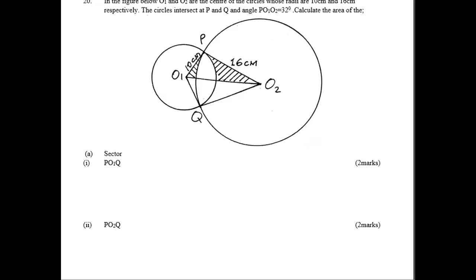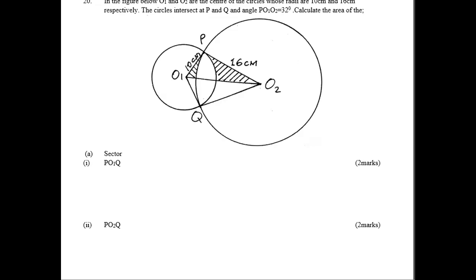Using SOHCAHTOA again, sine theta is 5.3 over 16. You get sine inverse, you get 19.34 degrees. And therefore, angle PO2Q is 38.7 degrees when you multiply your answer by 2.